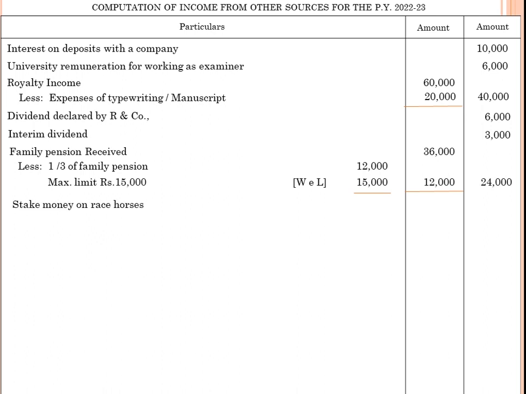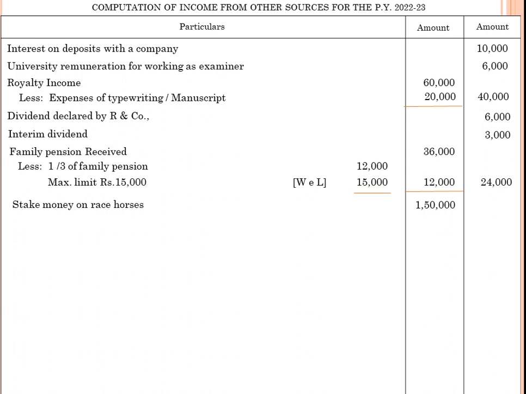Stake money on horse races 1,50,000. There is a lot of difference between stake money in horse races and winning from horse races. Any expenses on maintenance we deduct out of stake money or income from horse races, not out of winning from horse races.